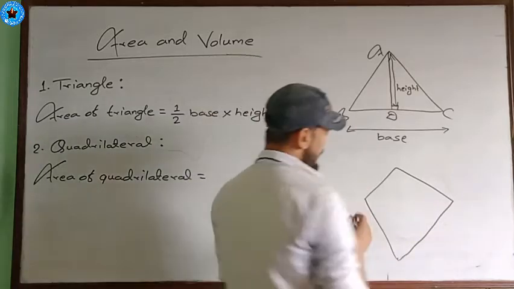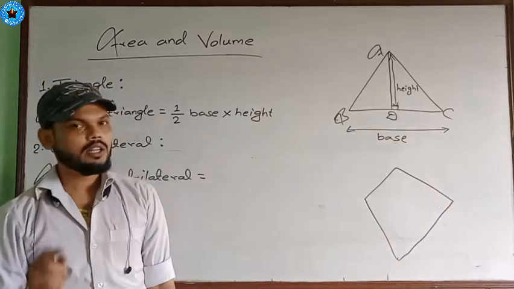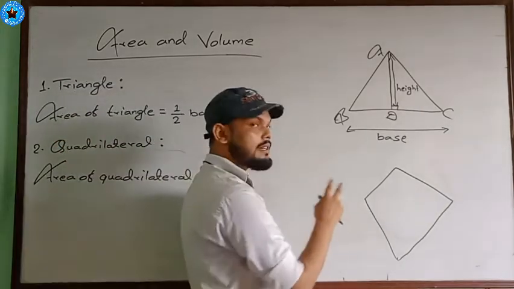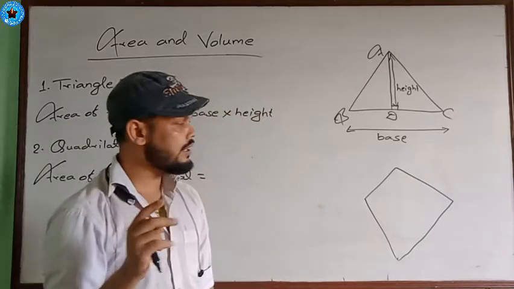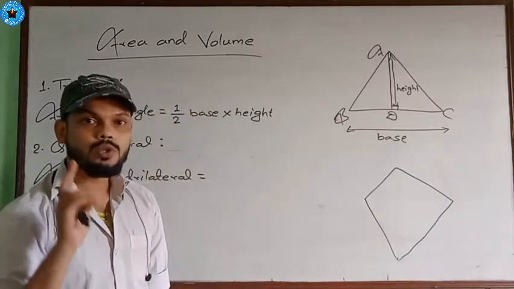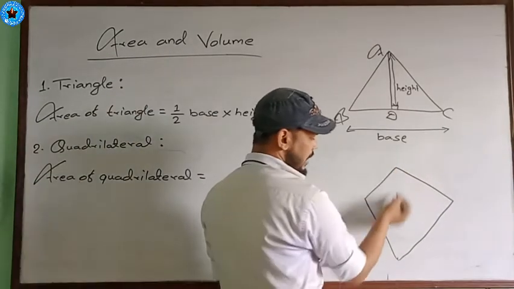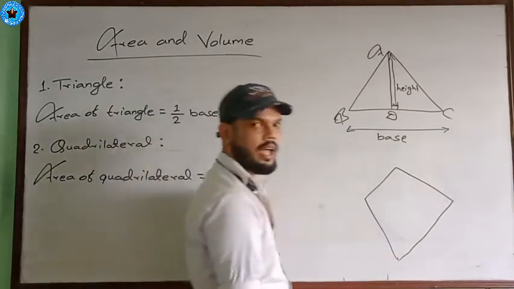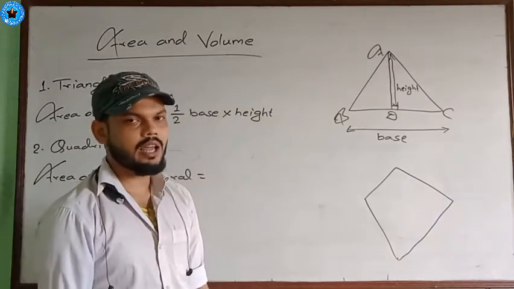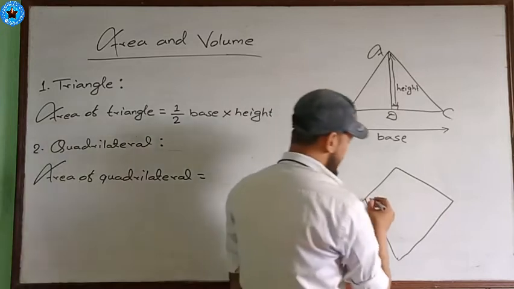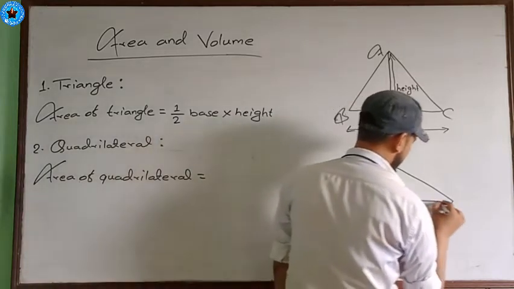I am going to draw a diagonal so that it divides the given figure into 2 triangles. I can draw it either like this or like this. Let me draw it like this.